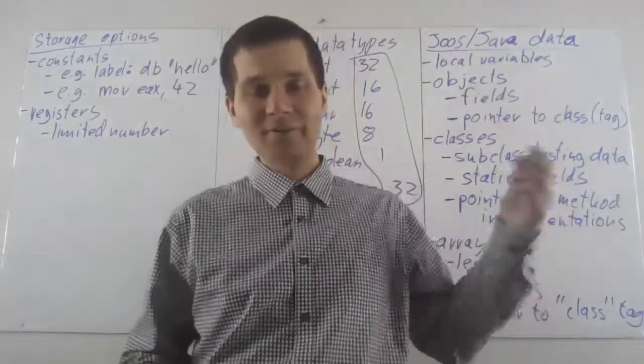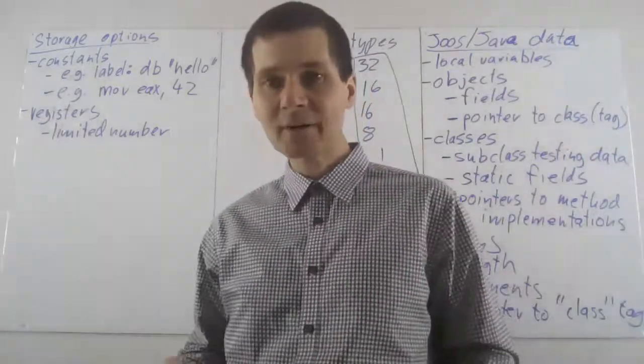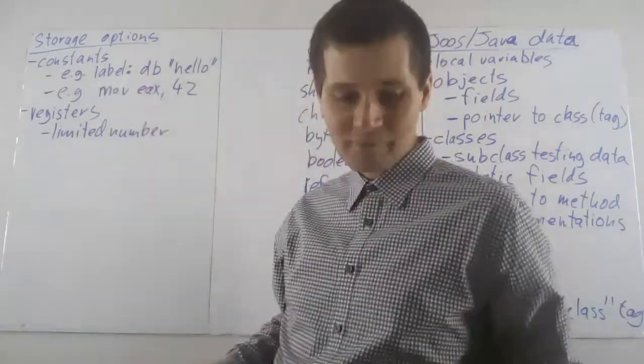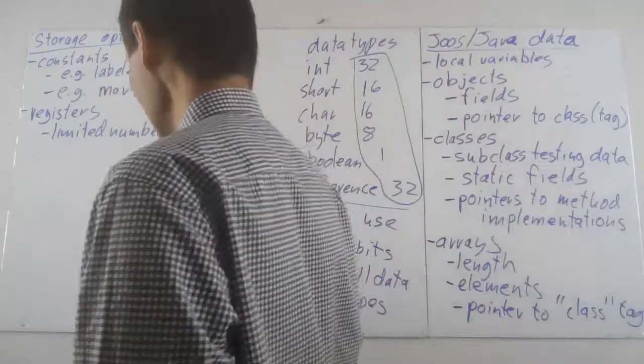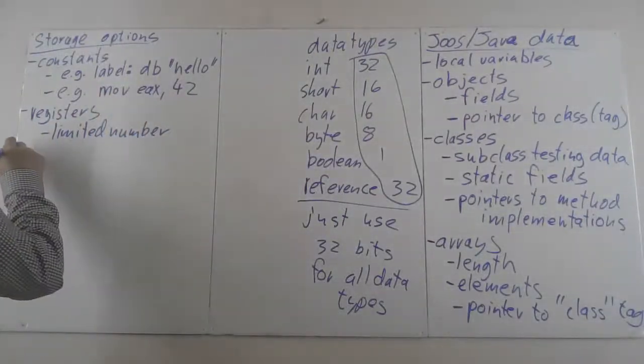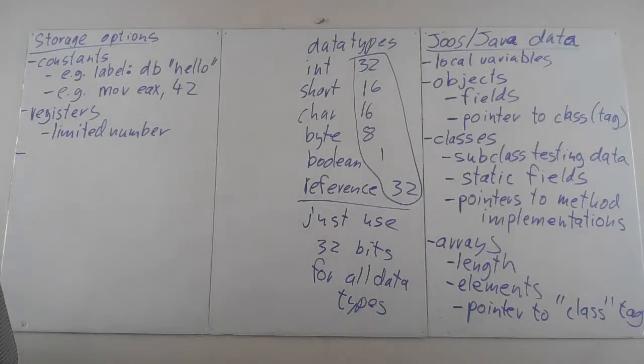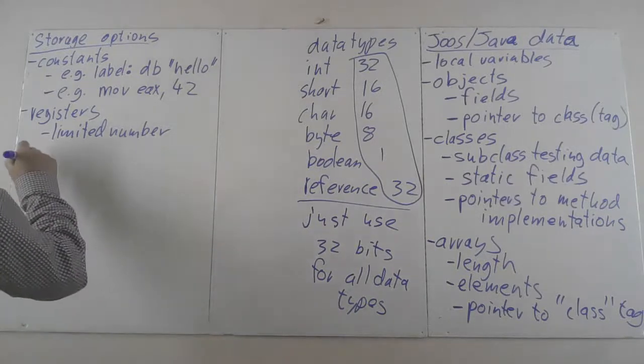And so if my Java function has 10 local variables, I can put some of them in registers, but not all of them. So I'm going to need a backup strategy for if I have more variables than there are registers.